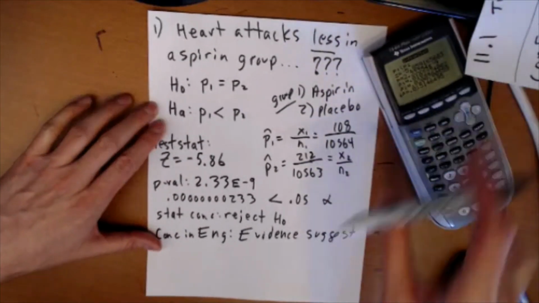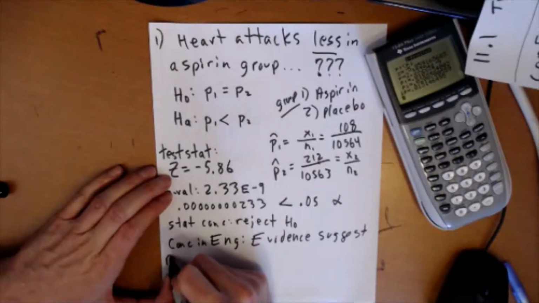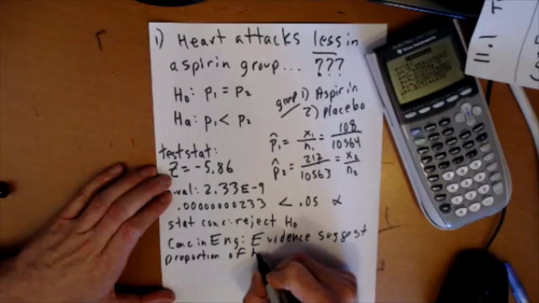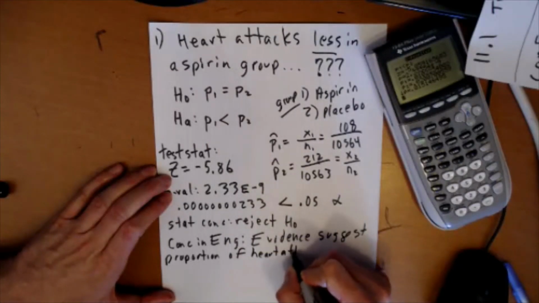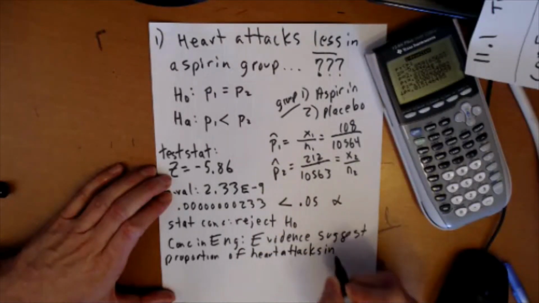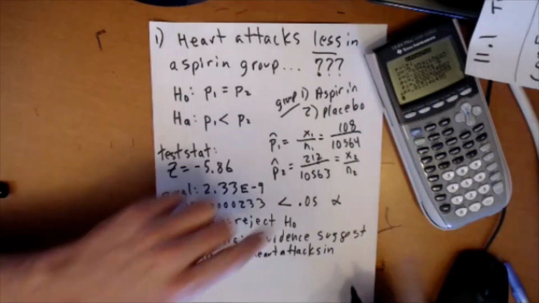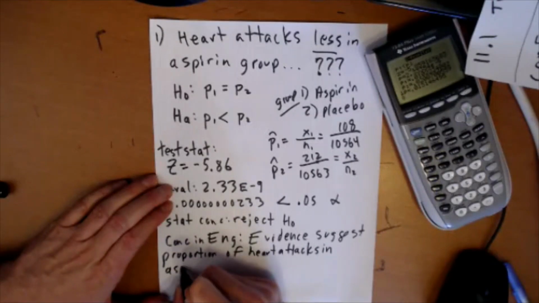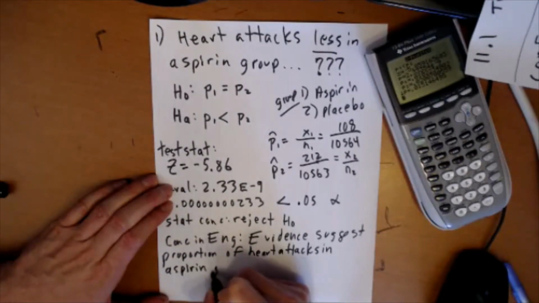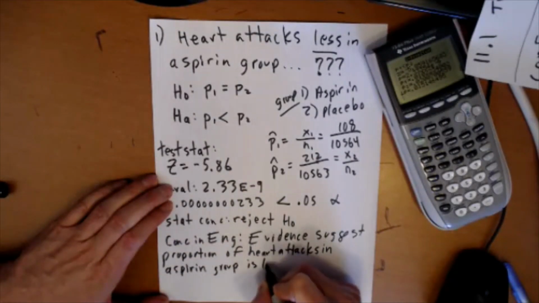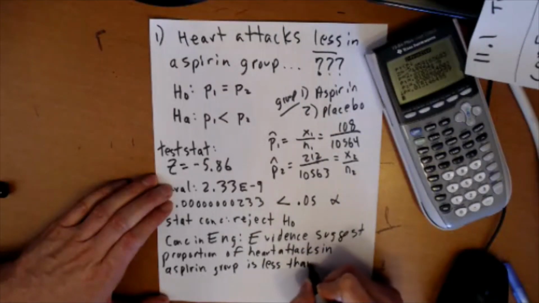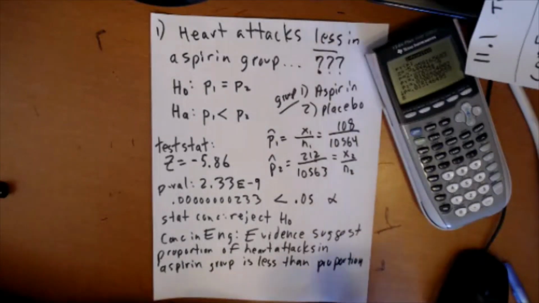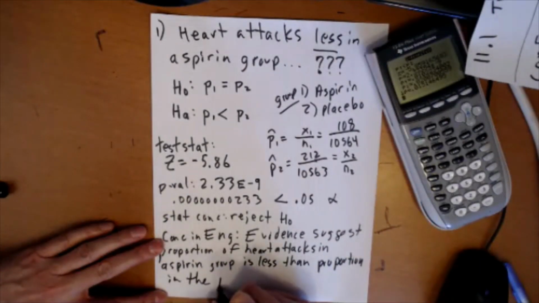Oh, okay, so evidence suggests the proportion of what? Proportion of heart attacks in group 1. What's group 1? In aspirin group. Proportion of heart attacks in aspirin group is less than proportion in the placebo group.